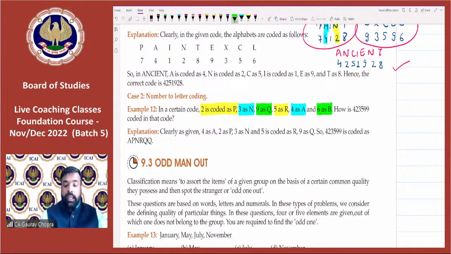Now we have to write the answer for 4235999. So 4 is A, 2 is P, 3 is N, 5 is R, and 9 is Q and Q. So this will be the given result. All right. APNR.